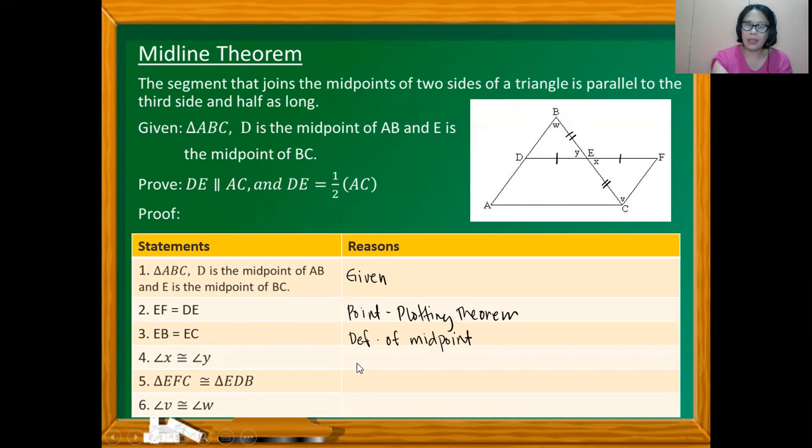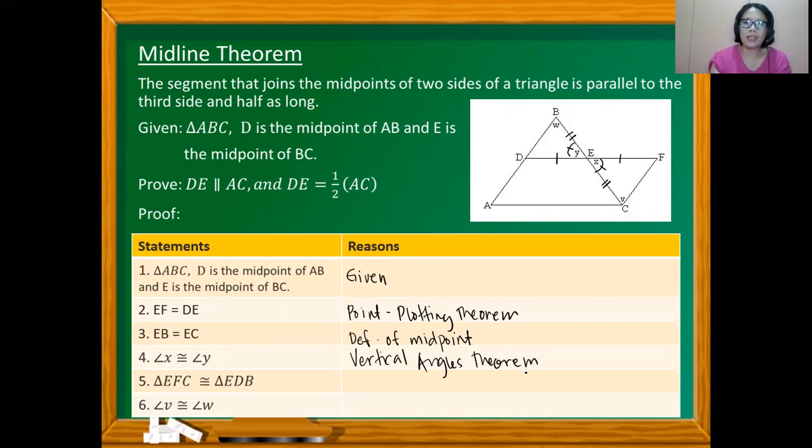Now, angle X is congruent to angle Y. Okay? So angle X is congruent to angle Y because of vertical angles theorem.